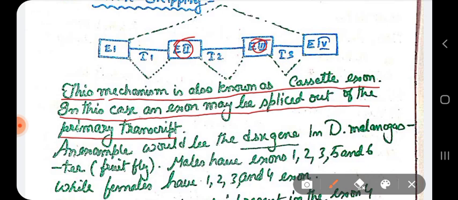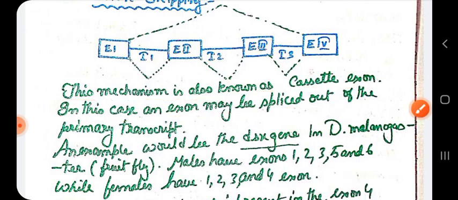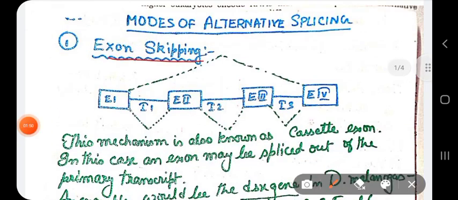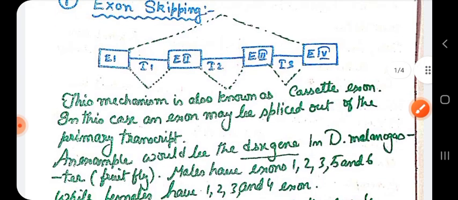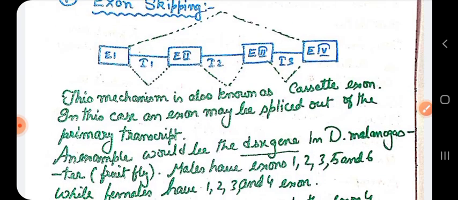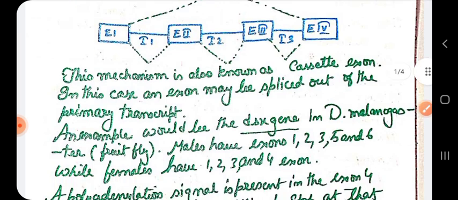Generally, we know that introns are spliced out and exons are joined in a normal way, but sometimes, what we call exon skipping, due to the presence of certain splice sites within the exon, may lead to skipping of that particular exon to make a variant transcript, a variant mature mRNA, so that we can get an alternative protein from that mRNA.